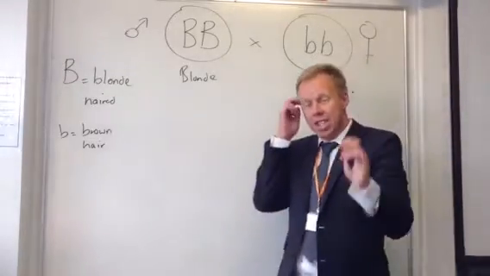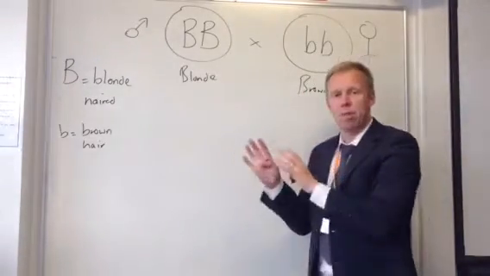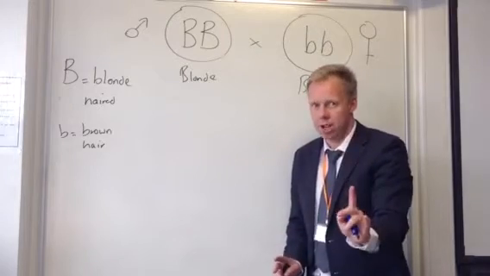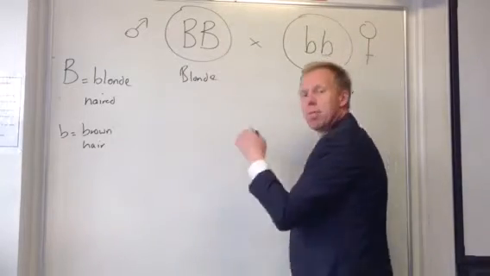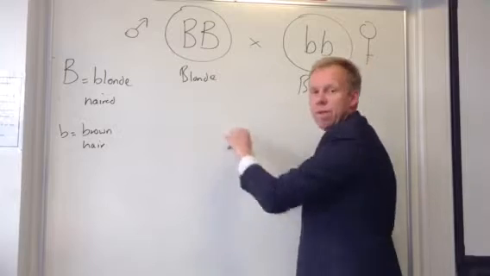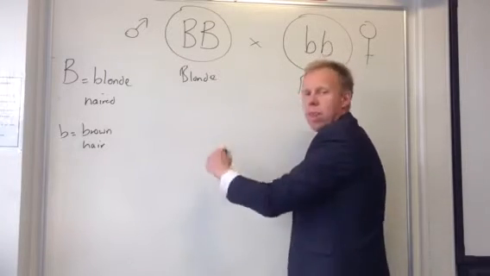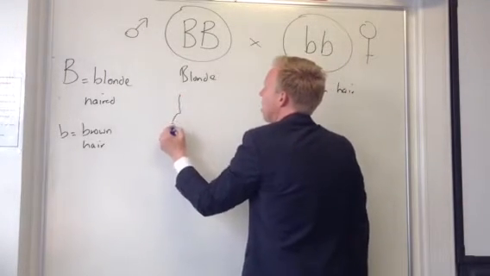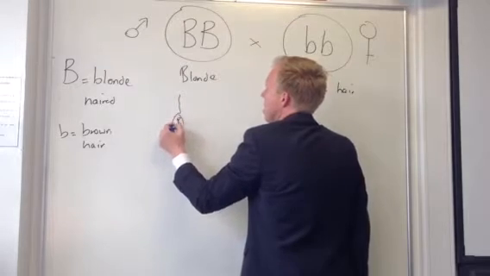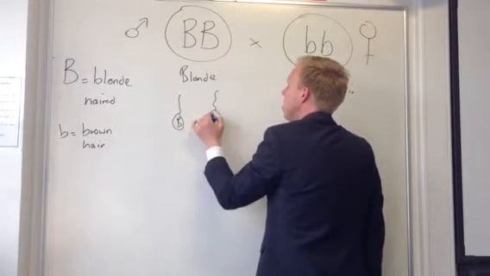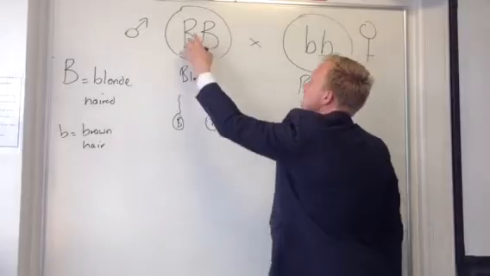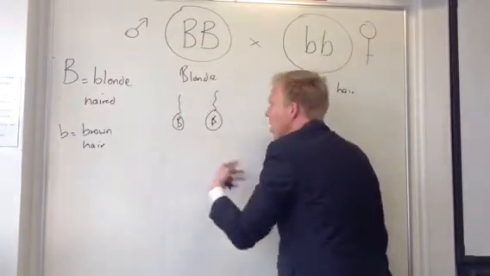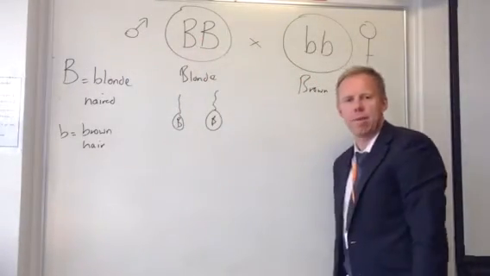Now, in sexual reproduction, gametes will be formed through meiosis, and the potential gametes that come from this male will be, I'm going to try and draw a sperm, big B or big B. Now I'm trying to show you that there are two choices, two possible gametes.